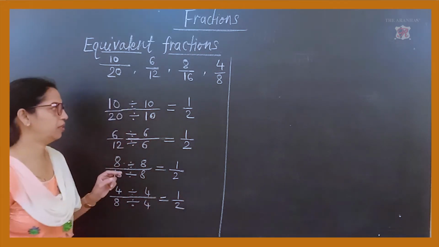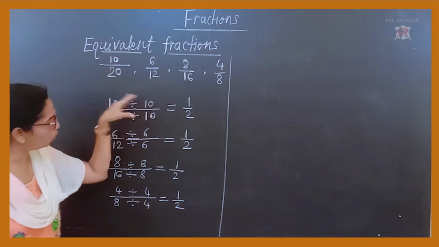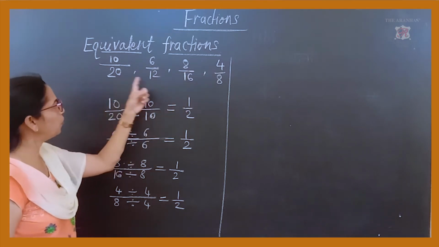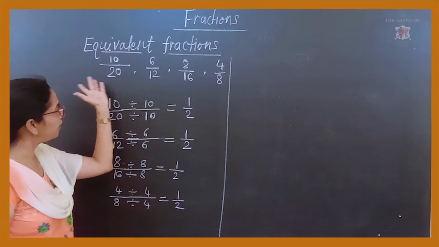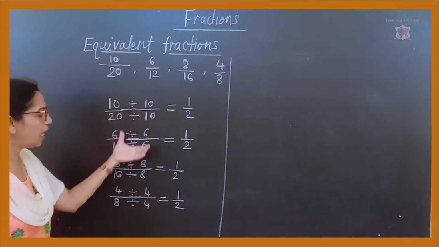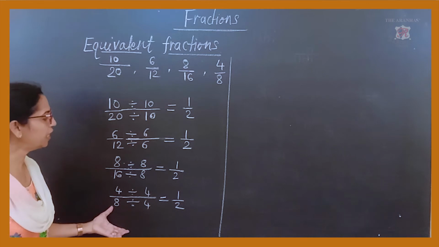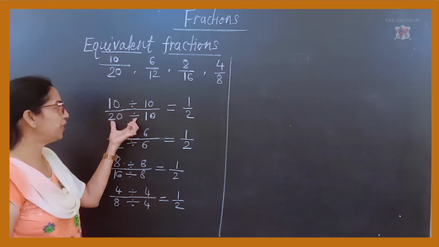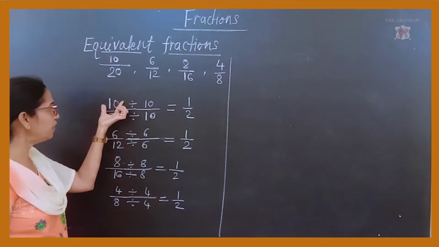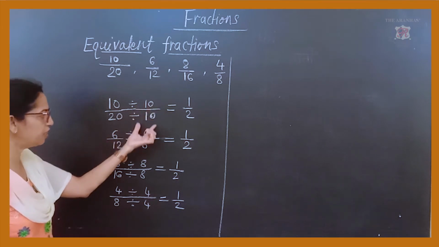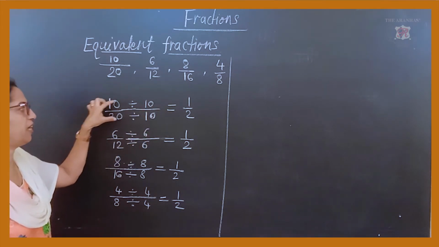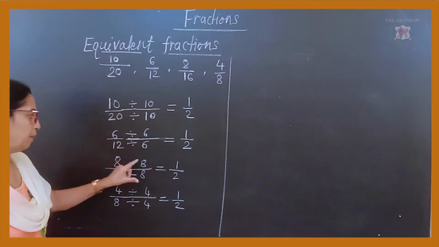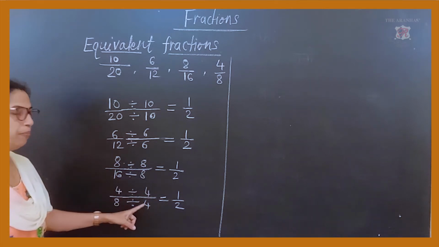Now here, even though on observing, the numerators are different and the denominators are different for the given fractions, still they are equivalent. How can we say all these fractions are equivalent? Because the first fraction we have divided by 10, the second fraction by 6, the third fraction by 8, and the last by 4.